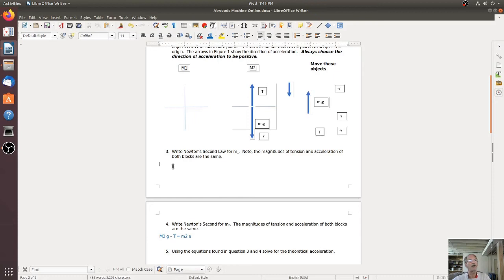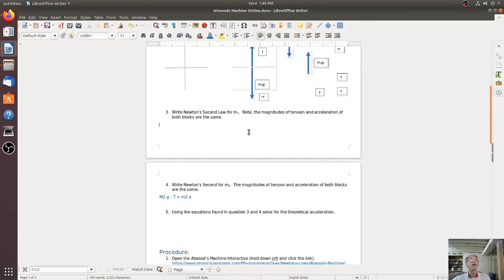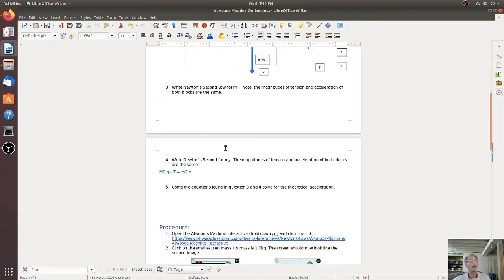And in number 3 here, you'd have a similar Newton's law for block number 1. And then solving those two equations, I would add them together so that the T's go away. Solving the two equations, I want you to show your work here. I'm going to tell you the answer because I've seen this so many times. Solve for the theoretical acceleration.